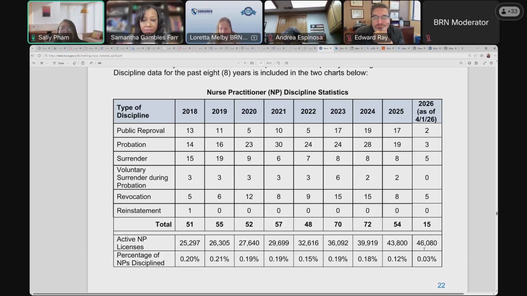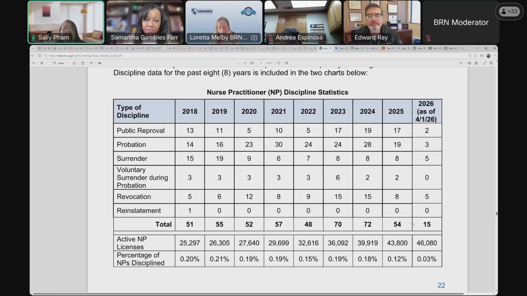But because the workforce was growing very fast, the rate of violations for NPs remains extremely low. From 2018 to 2026, violations remain consistently below 0.25%. We have an annual range typically of 0.15% to 0.21%, and even in the largest year, 2025, it is only 0.22%.